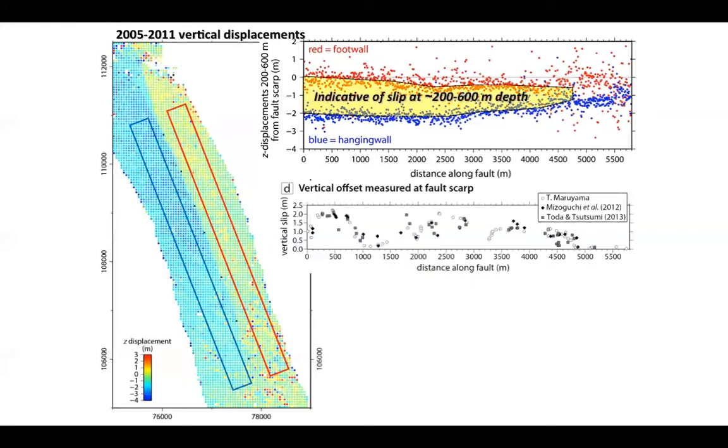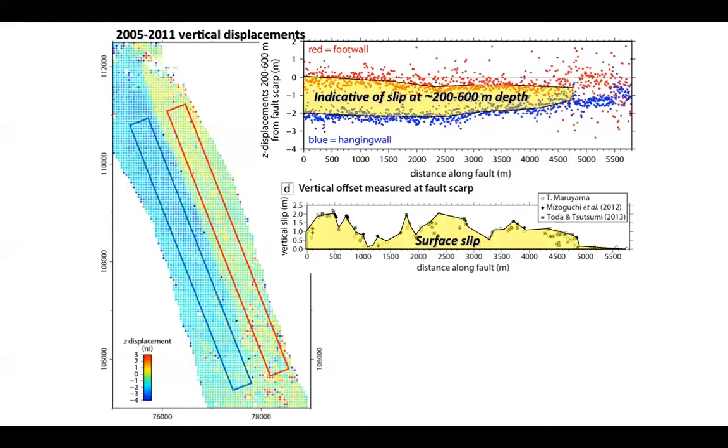So we can then compare slip we infer to be at 300 meters depth to the vertical offset that we can measure in the field, which we showed a couple slides ago. It shows a maximum of 2 meters of slip, consistent with what we see from the topographic differencing.